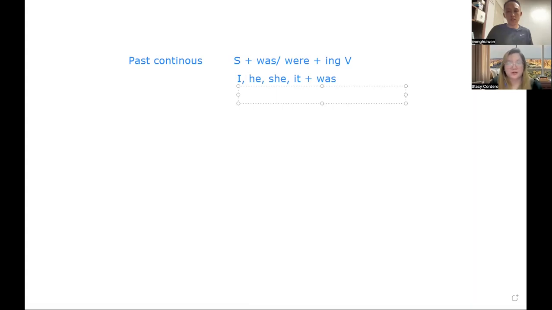Were. Yes, were. Last time when we talked about present continuous, it's subject plus am, is, or are plus the ing form of the verb because that is in the present form. Now, the past form of is is was, and the past form of are is were. Very good.